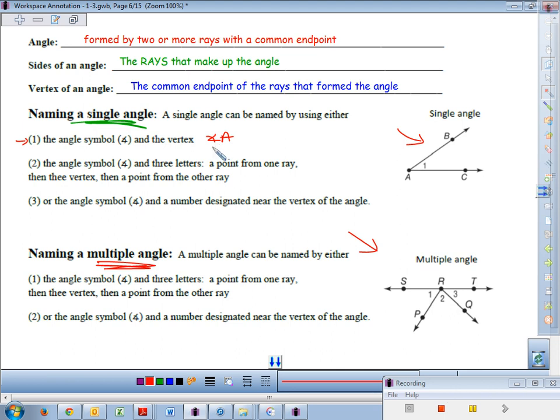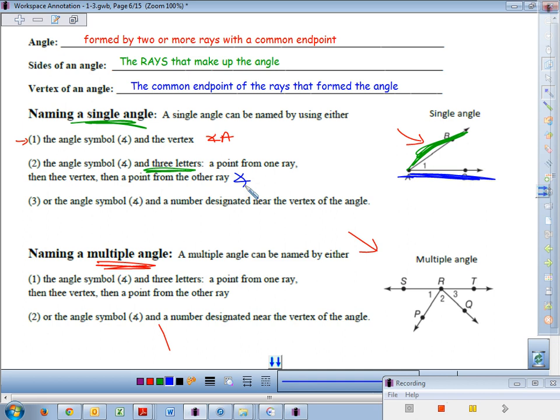Sound all right? The other way to name any angle is the angle symbol followed by three letters, but the vertex must be in the middle, and the other two letters, one's got to come from one ray, the other's got to come from the other. So would you agree there's a green ray there, and there's a blue ray right there? Okay, let's name it. What's the vertex again? So that has to come in the middle of your three letters.